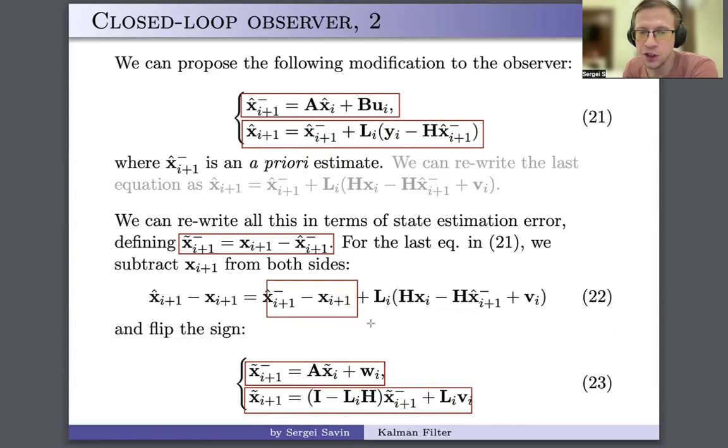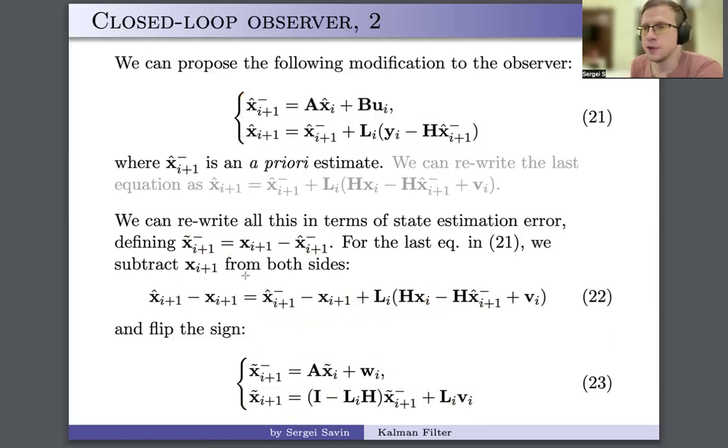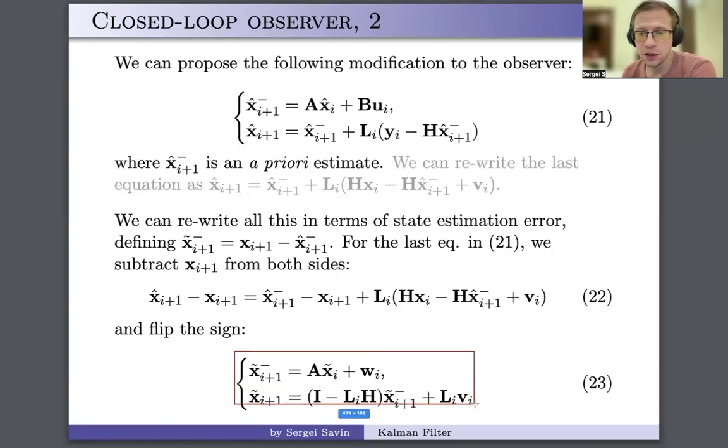This term gives us I, this term gives us LH in front of the same variable. There is an error in terms of subscript. Okay, all right. So this is how we get our error dynamics for our observer.